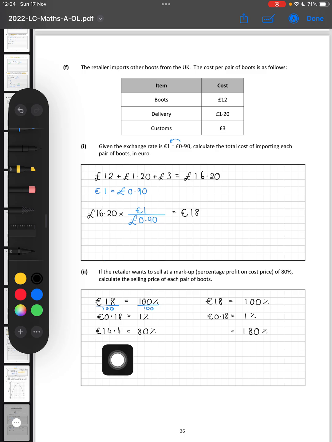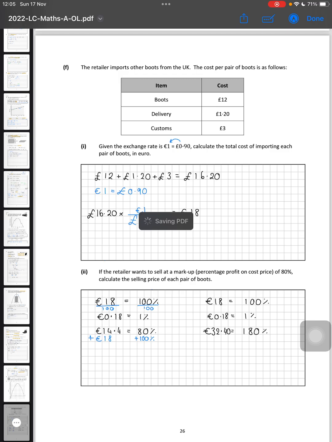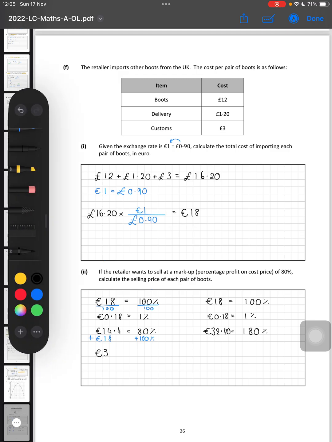That's what she wants to add on. Or over here, I can just find it straight away, 0.18 times 180, so that I get 32 euro 40 cent. Here we do need to add that on to 100%, my original cost price, the 18 euro, so that I get 32.40. Either way you do it is perfect, but she wants to sell them for 32.40.